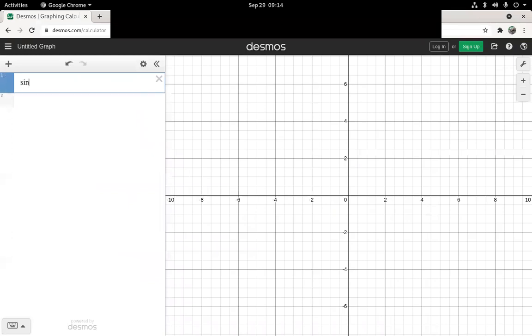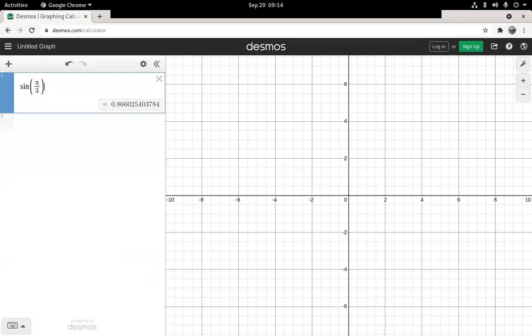So I enter the sine of pi, and you can just type pi and it will whip out pi over 3. These parentheses are in the wrong spot. I get the value 0.866. Let's check, is that really the same thing as the square root of 3 divided by 2? And I can see, yep, they're the same number.